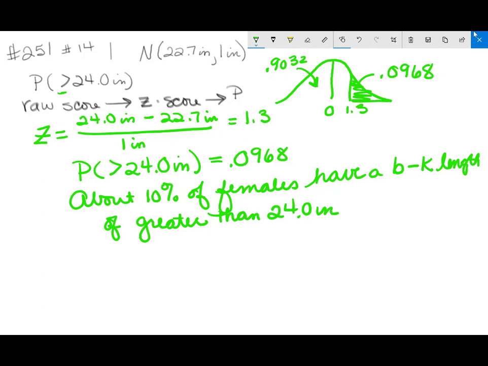Okay, that makes sense. So now let's do number 16 on that same page. This time we want to find the probability that a male has the back to knee length X less than 24 inches but greater than 22 inches.